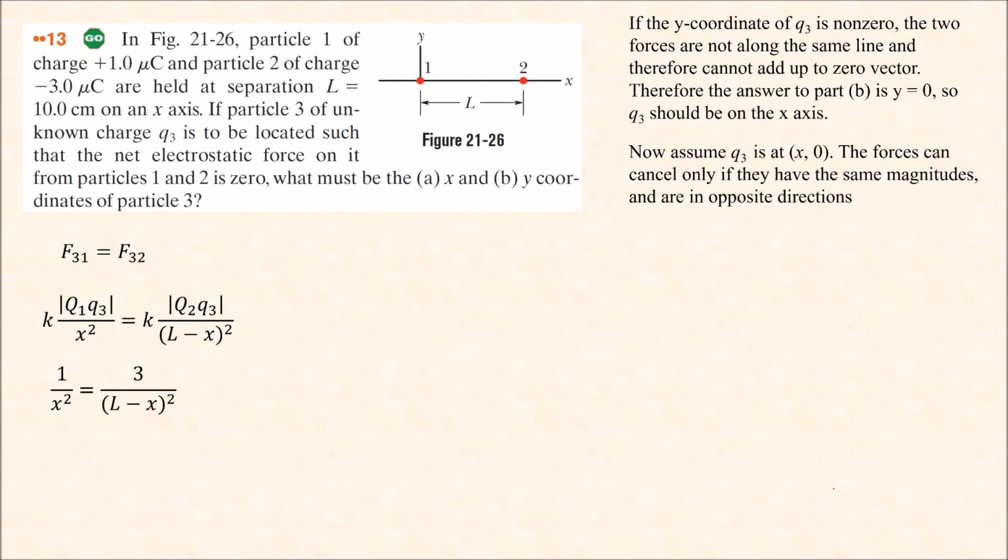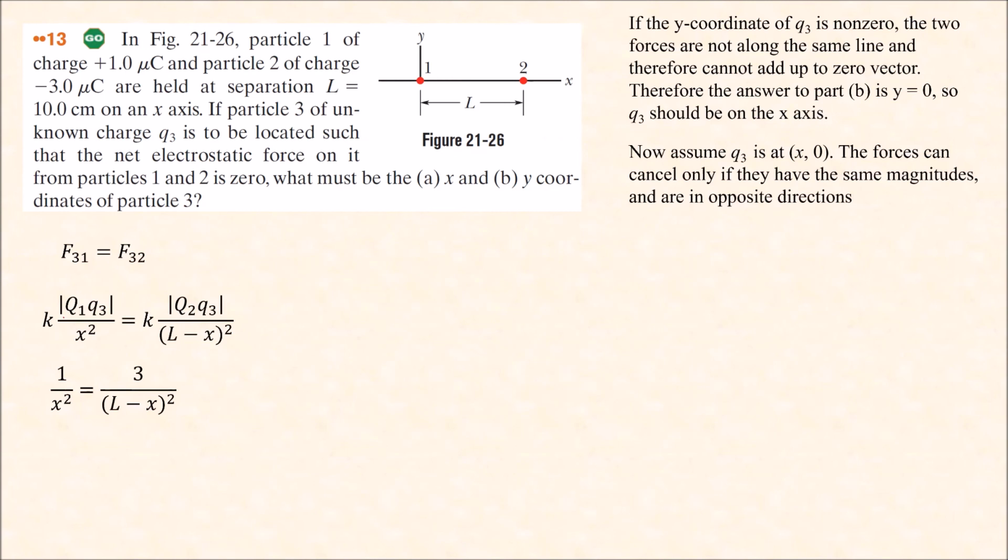Then if you cancel all the k and put in values, you get this equation: 1 over x squared, because Q1 is 1 microcoulomb and this is 3 microcoulomb, the microcoulombs cancel out, Q3 cancels out, and the absolute value takes care of the negative sign.